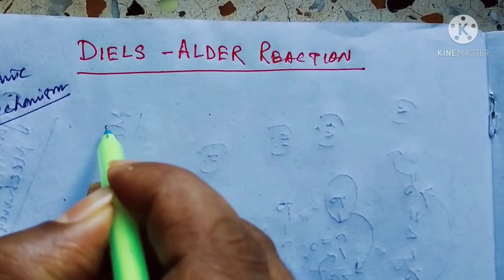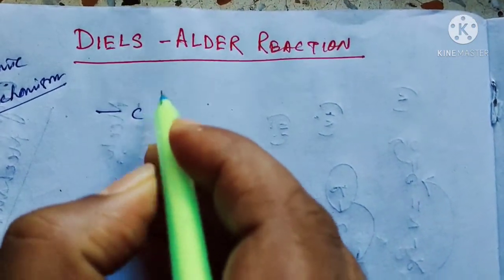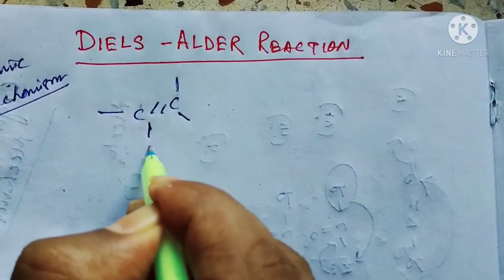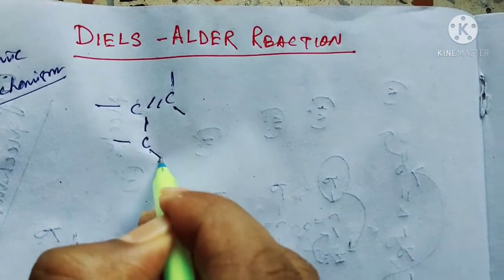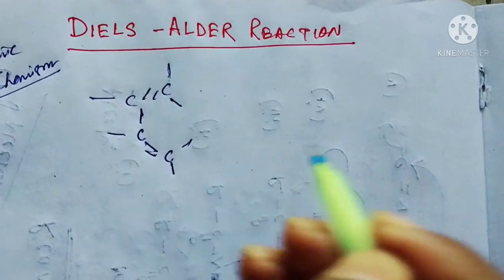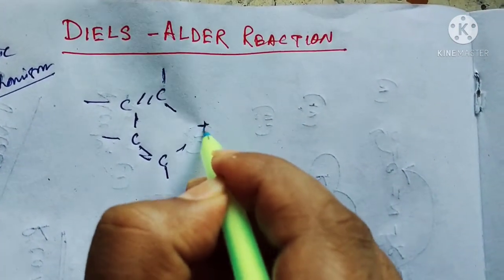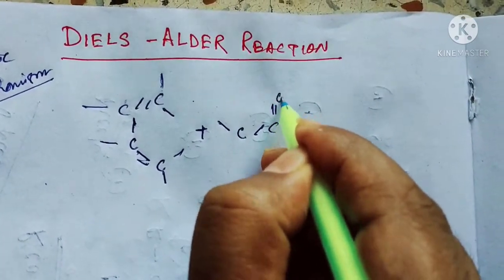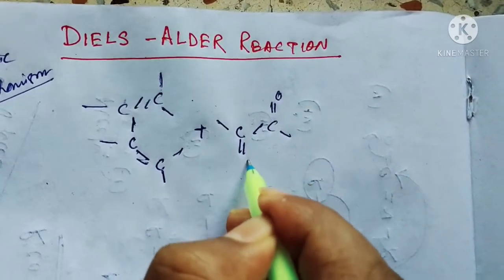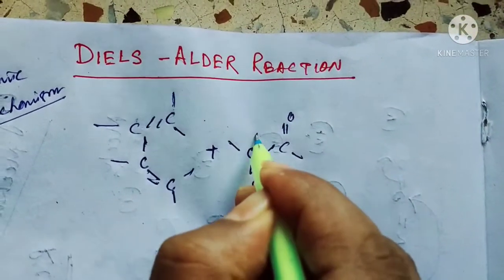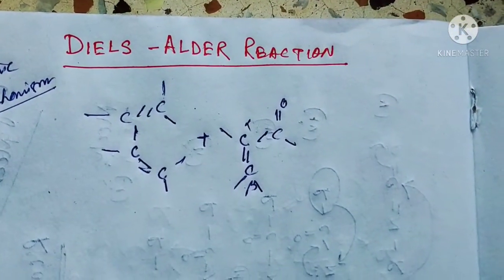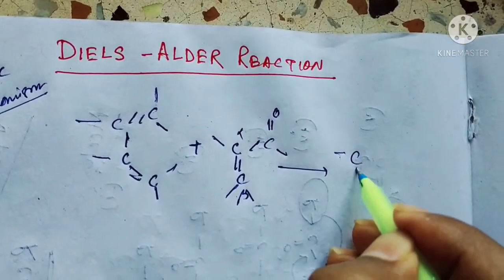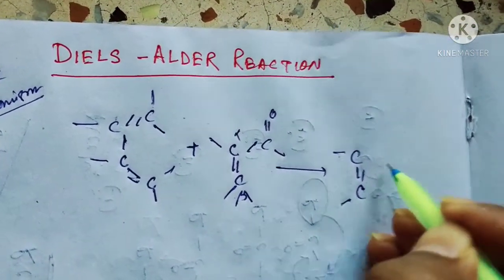You can see this is a type of diene. Now see, this is one of the dienes. Whenever it reacts with alpha beta unsaturated carbonyl compounds, they form this type of adduct, a 6-membered ring adduct.